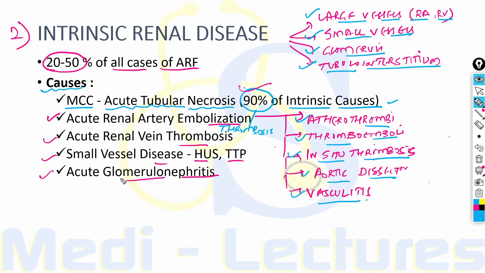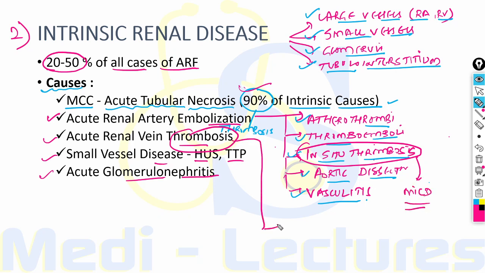The difference in urine between renal artery thrombosis and renal vein thrombosis is that renal artery thrombosis will have only mild proteinuria and hematuria. On the other hand, renal vein thrombosis will have very heavy proteinuria as well as hematuria.